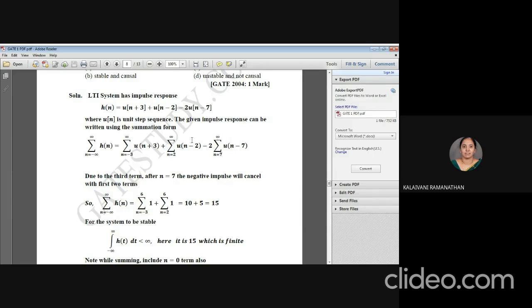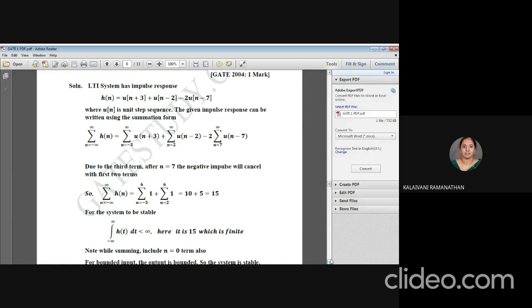So you have only the 2 terms till the 7th term, so you can sum till 6. The summation changes to n equal to minus 3 to 6, and similarly 2 to 6. For the first term, between minus 3 and 6, you have 10 terms, and for 2 to 6, you have 5 ones. So totally 15. So the system is stable.